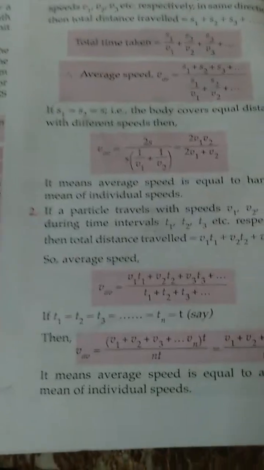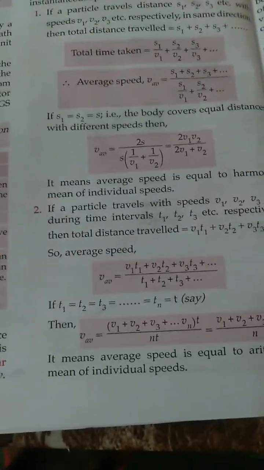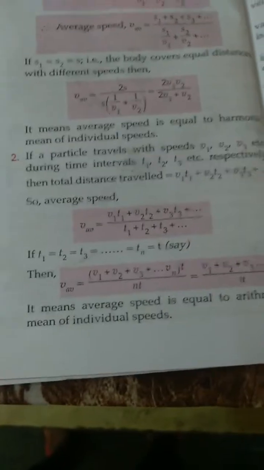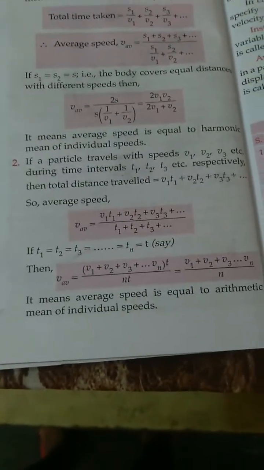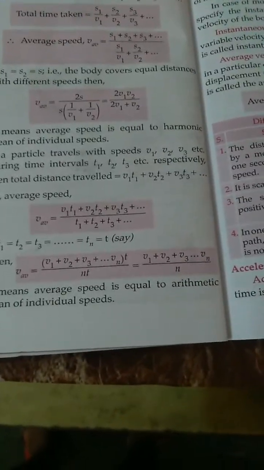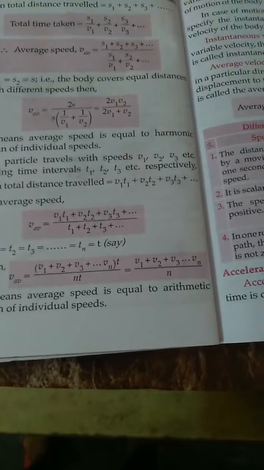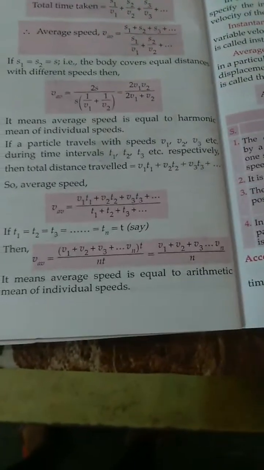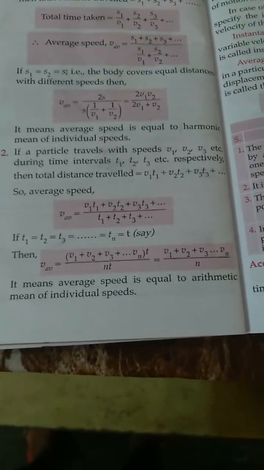If t1 equals t2 equals t3 equals tn equals t, then v average equals v1 plus v2 plus v3 plus vn times t, divided by n t, equal to v1 plus v2 plus v3 up to vn divided by n. It means average speed is equal to the arithmetic mean of individual speeds.